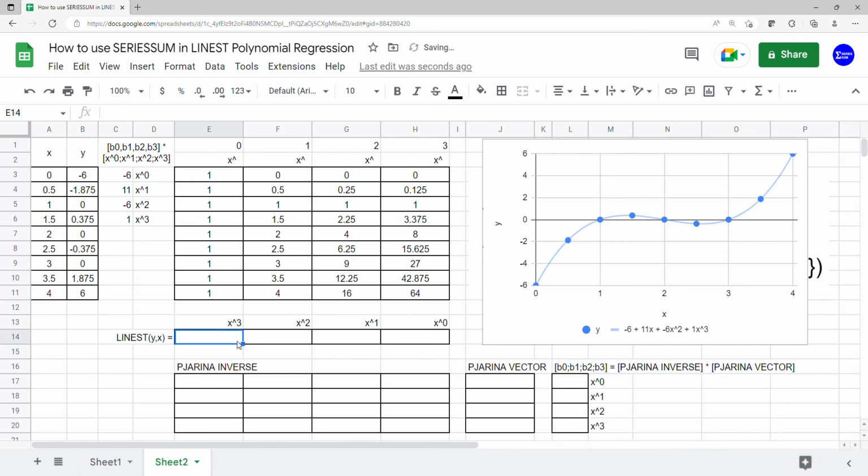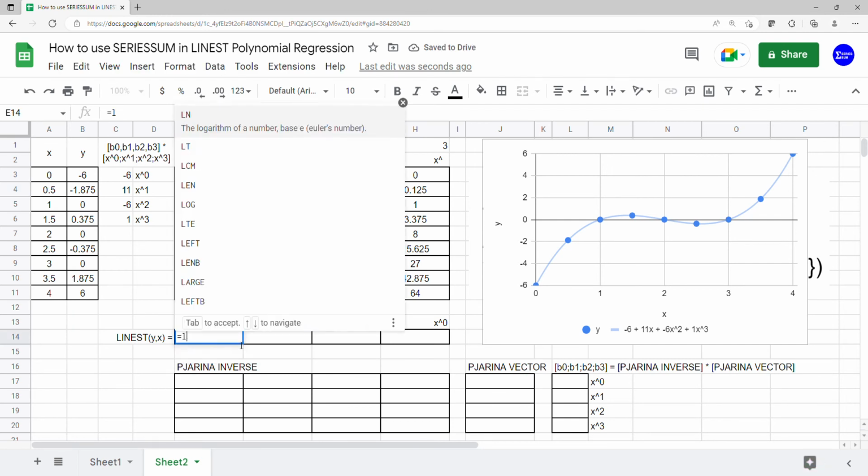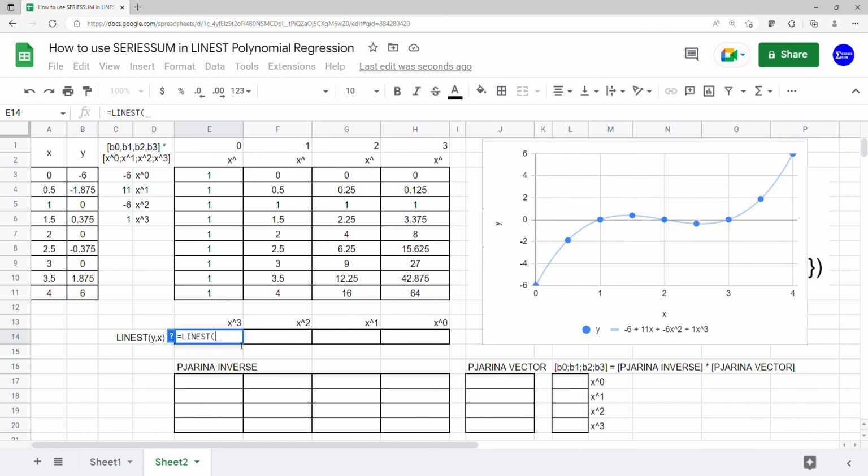Now we can use LINEST with y and x. So coefficient of x to the 0, minus 6. Coefficient of x, 11. Coefficient of x squared, minus 6. Coefficient of x cubed, 1.